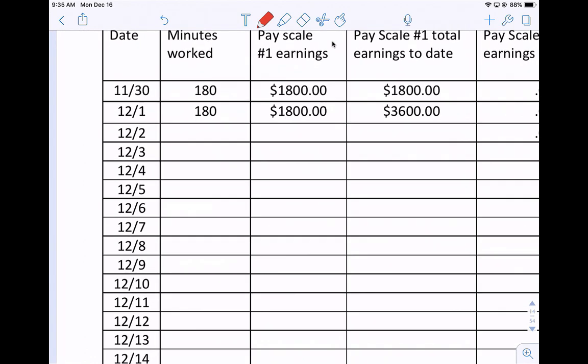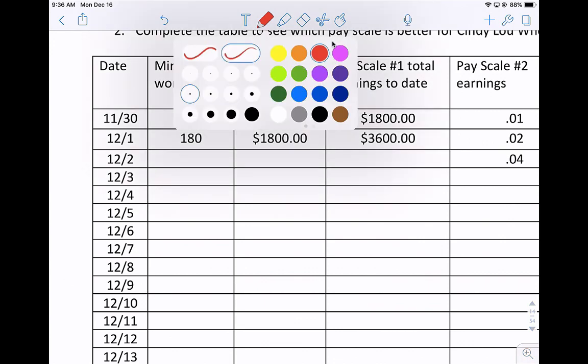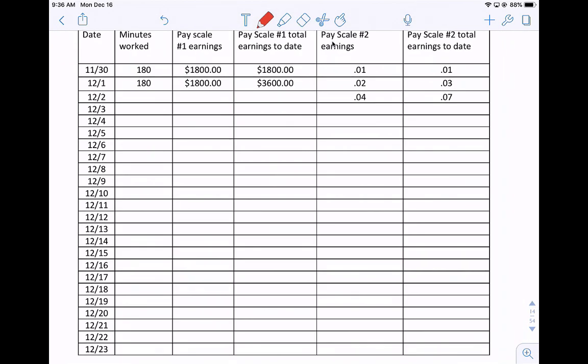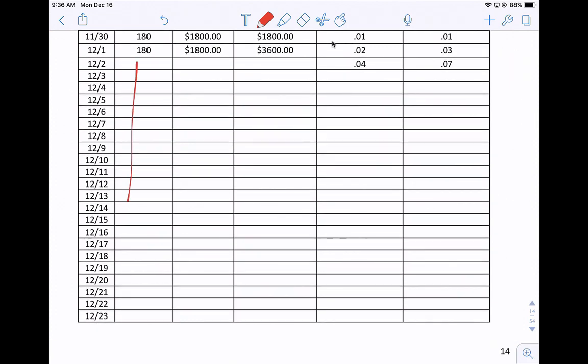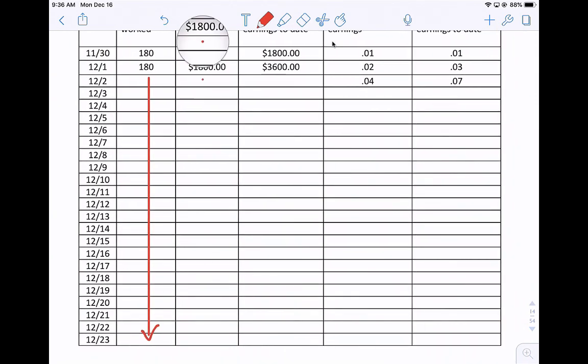So in the first 3 columns after the date, we know that in pay scale 1, there is 180 minutes worked each day. So I'm just going to draw an arrow down. All right, so this is all 180 minutes the same. And for each day in pay scale 1, we're also earning $1,800 per day.